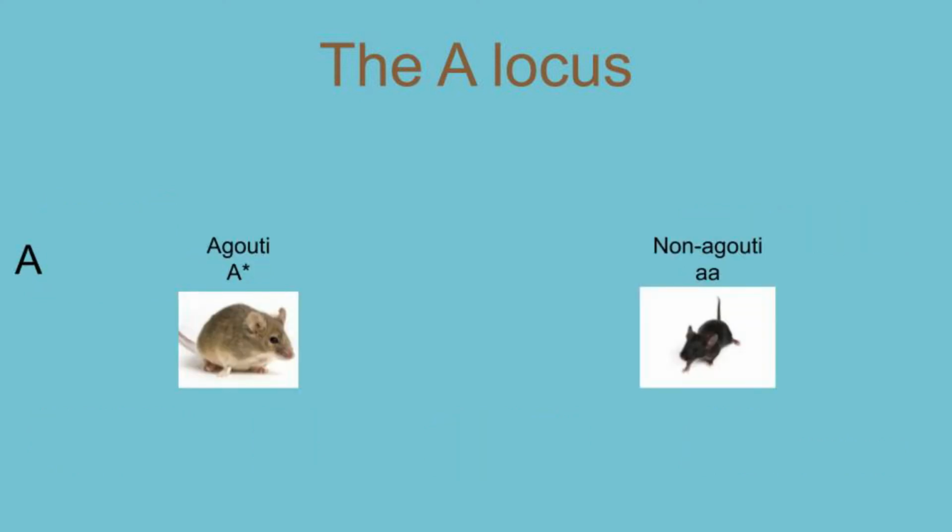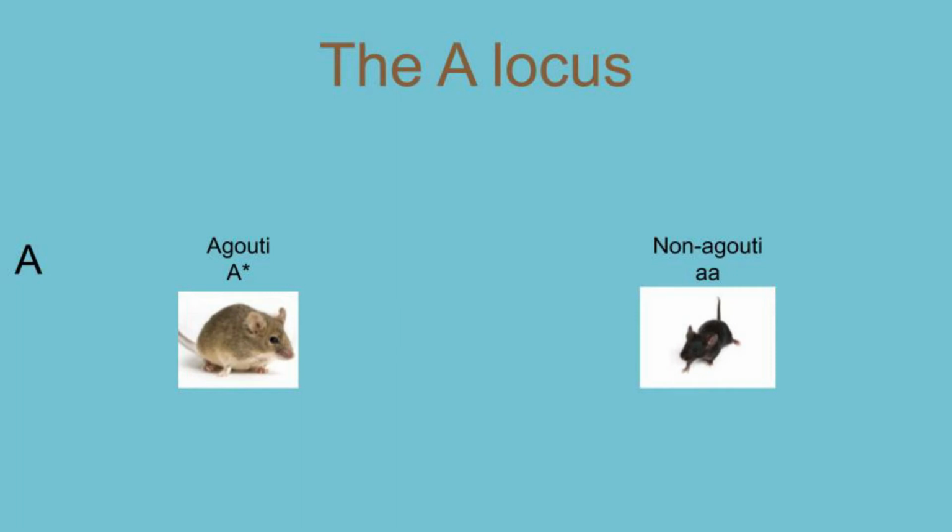If a mouse has two dominant A alleles, or a dominant and one recessive a allele, then they are going to be agouti coloured, and that is the wild type mouse. If on the A locus, however, we have two versions of the recessive allele, this is going to give us a non-agouti base, also known as a black mouse or a black base.